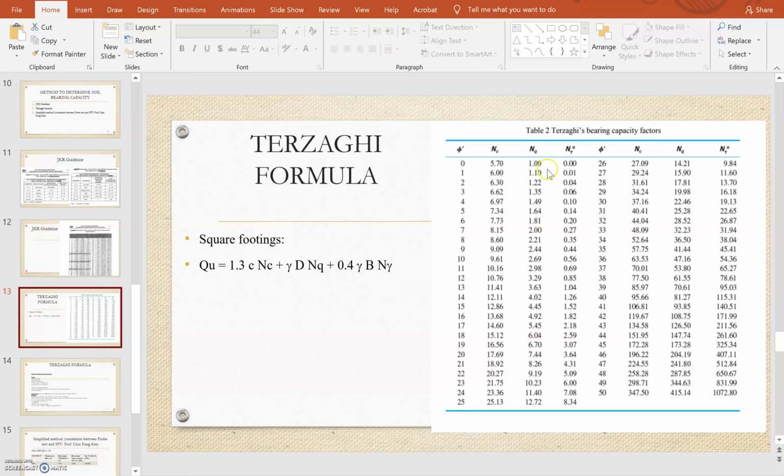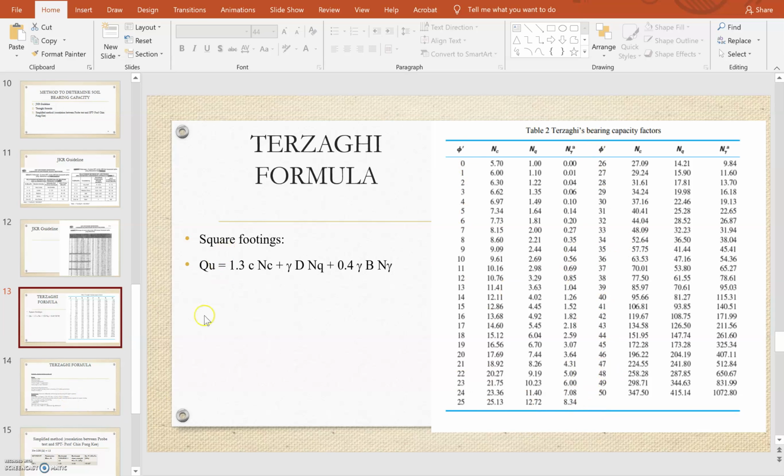So here are the bearing capacity factor values for Terzaghi, for phi 0 until phi 50.